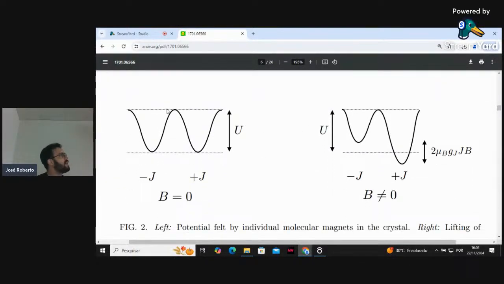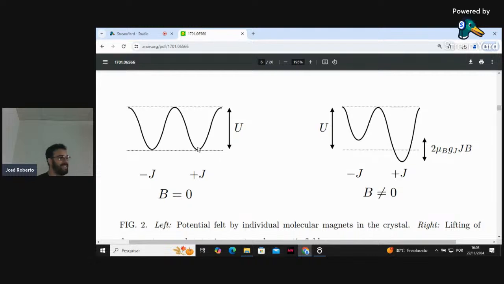U is the height of the... how do you say that in English? The peak. Basically, it's how much energy you would need to go from minus J to J in the case of a zero magnetic field. The main idea here is that it's the energy barrier. Yeah, there you go.